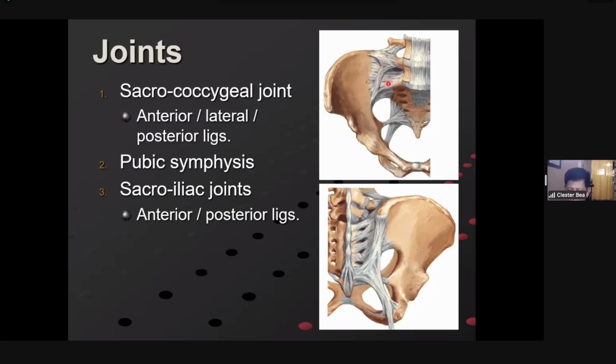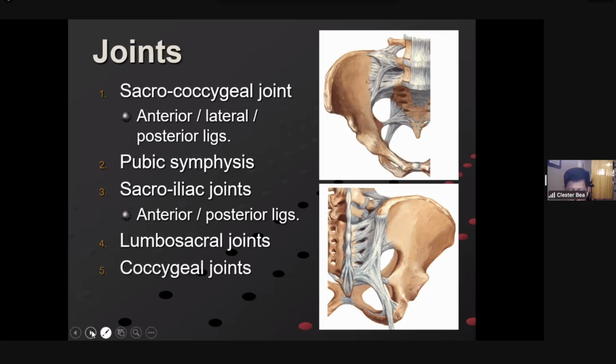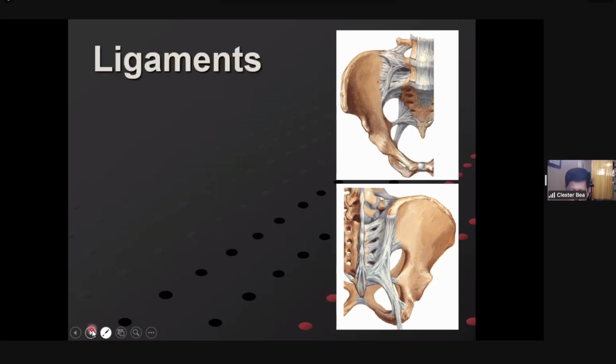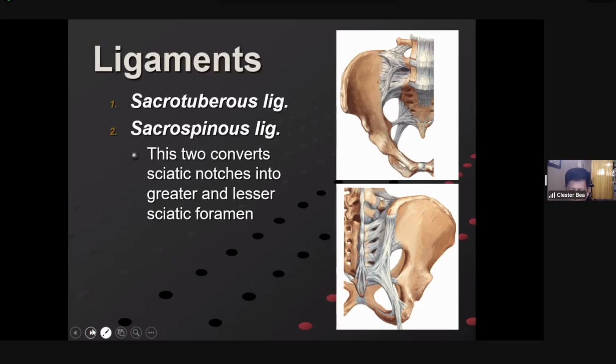It's quite well supported by ligaments, your anterior and posterior sacroiliac ligament. You have also the lumbosacral joint between L5 and your S1, and the coccygeal joint. The ligaments, these are structures that basically support the joint.